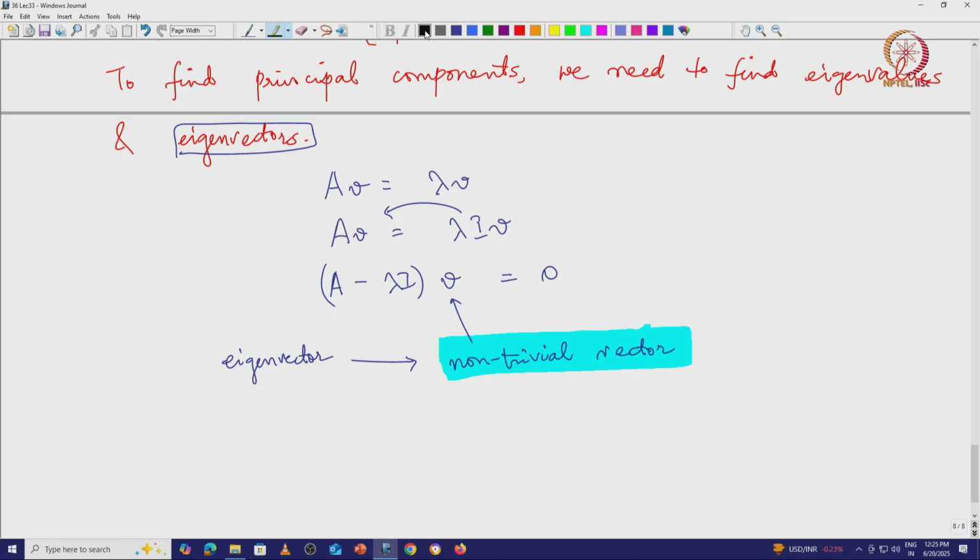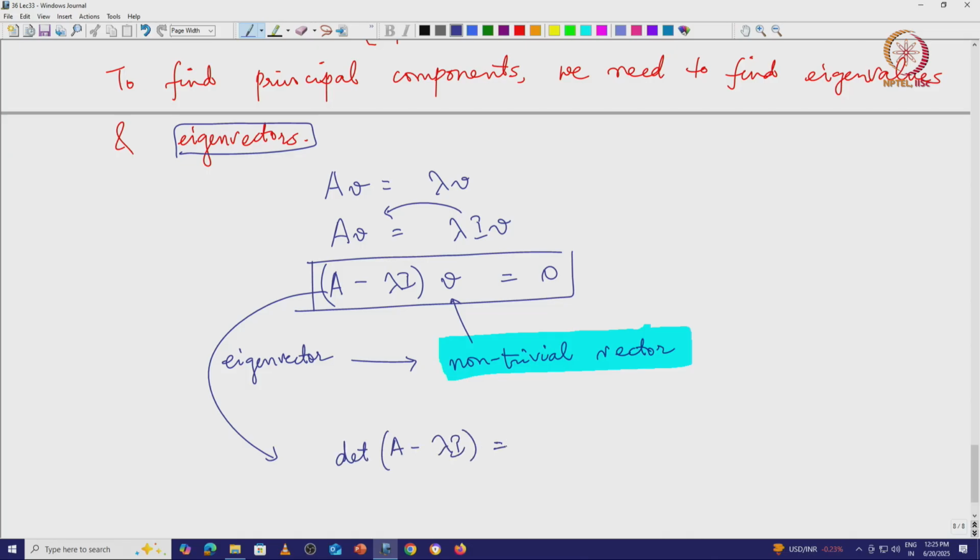So if this equation has to have a solution when V is non-trivial, the only way is for the determinant of the matrix A minus lambda I to equal 0, and this is called the characteristic equation of the matrix.